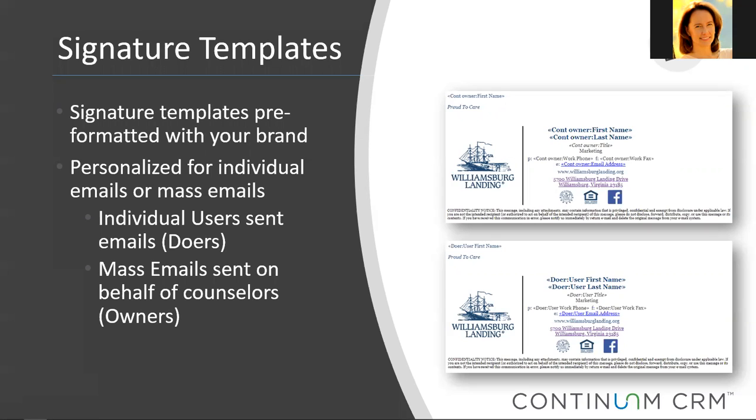We all put our signatures in the footer of our email. We can brand it, we can have your logo in place, and we can personalize this footer, this email signature.